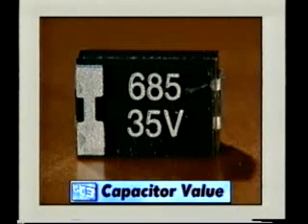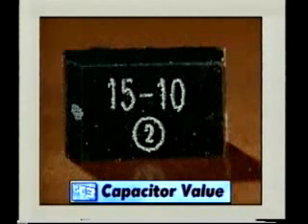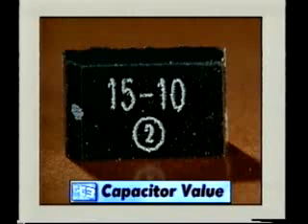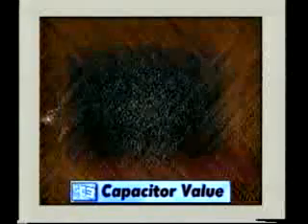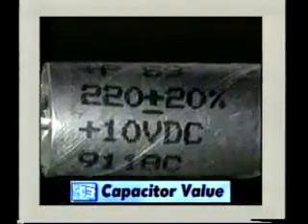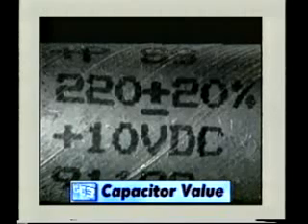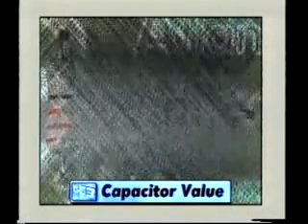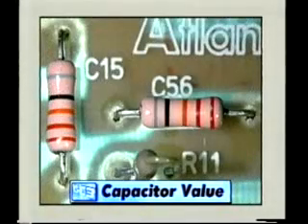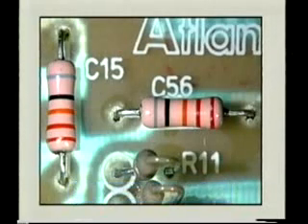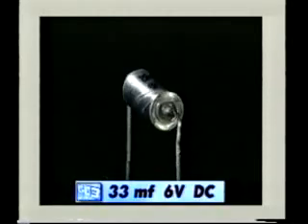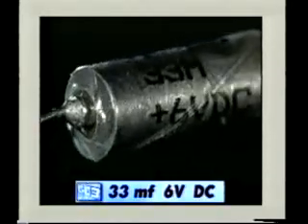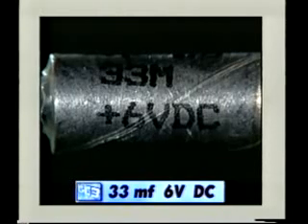Writing on the body of the capacitor also includes the voltage, the tolerance, and sometimes the temperature range, a part number, or the manufacturer. Some through-hole capacitors will have colored bands indicating values and multipliers. This is the capacitor you're looking for, a 33 microfarad, 6-volt DC polarized capacitor.